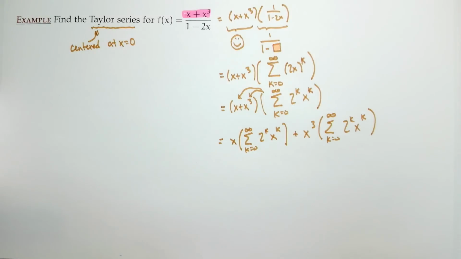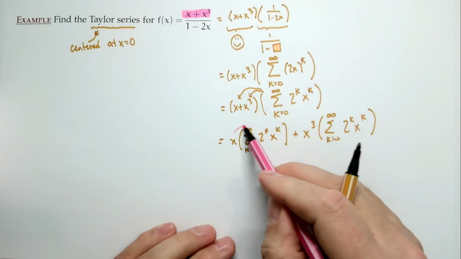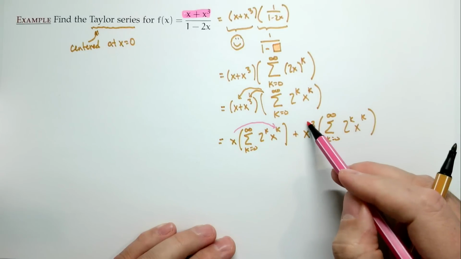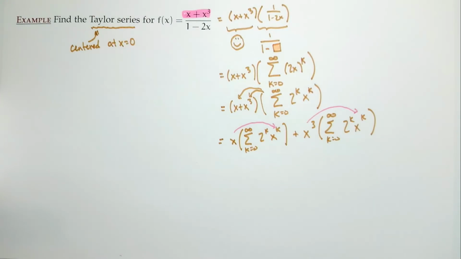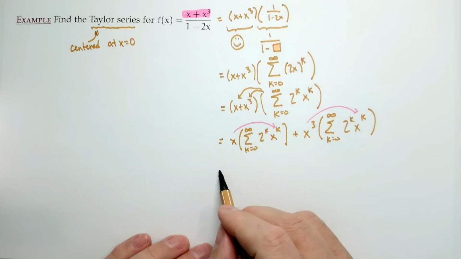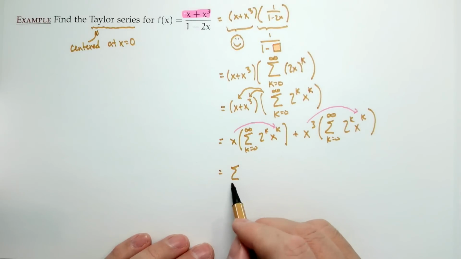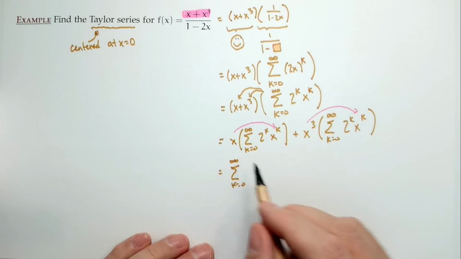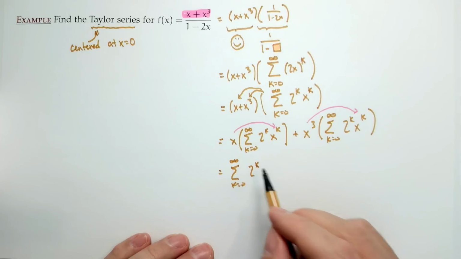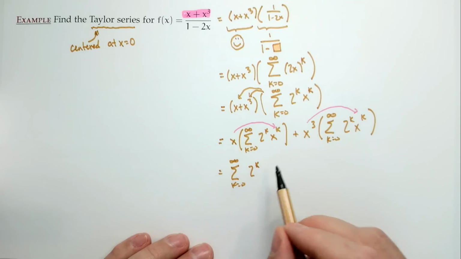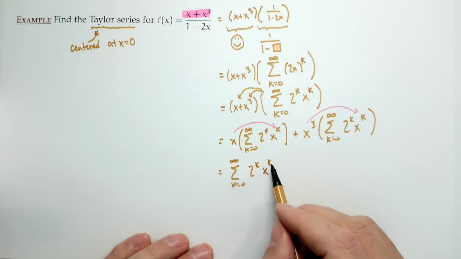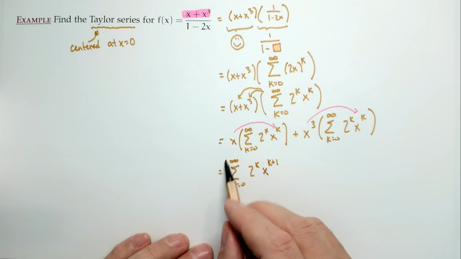Now what I can do here is multiply my powers of x on through the inside. In the first term, what will we get? We'll get the sum from 0 to infinity of 2 to the k. Then there's k x's plus one more x. That means that there are k plus 1 x's. So x to the k plus 1.